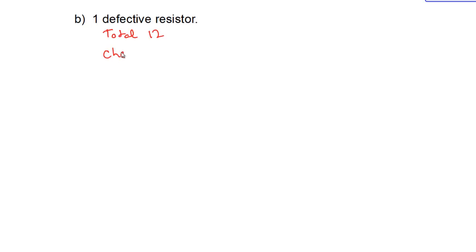I'm going to choose a total of 4. I have 3 that are defective. I'm going to choose one that is defective. I had 9 that are non-defective.